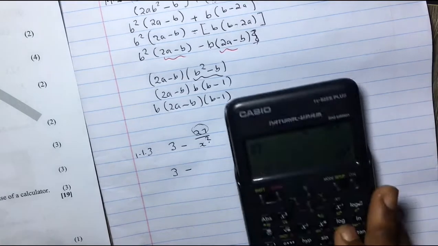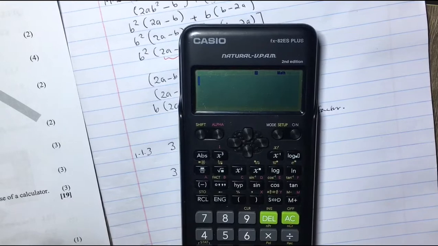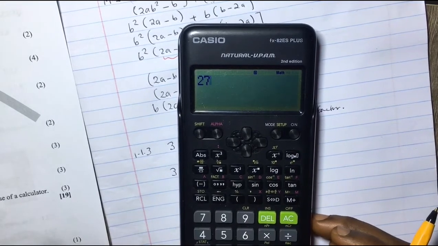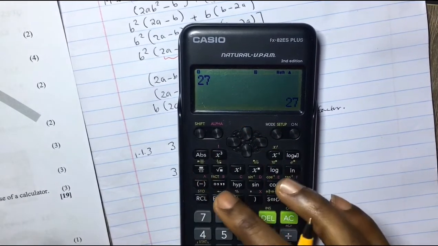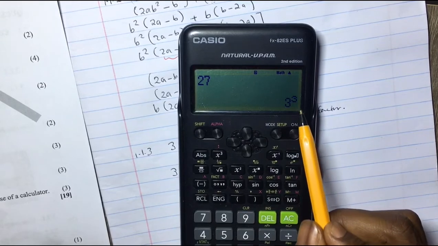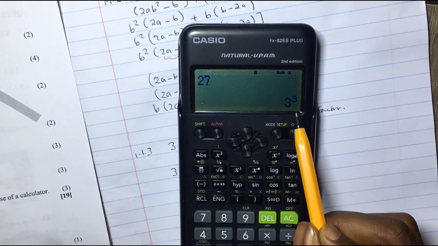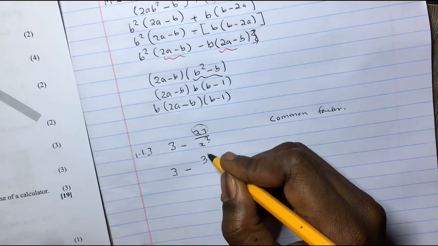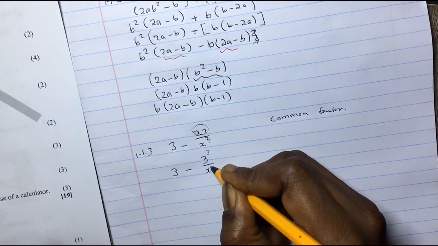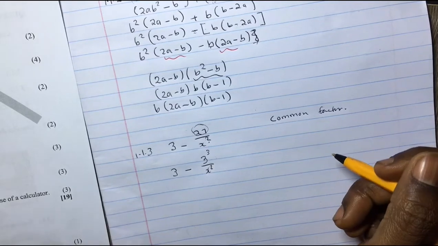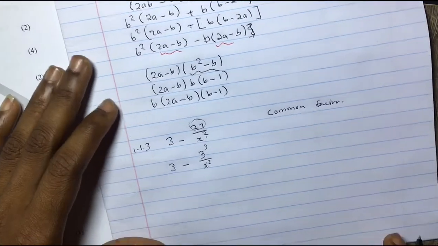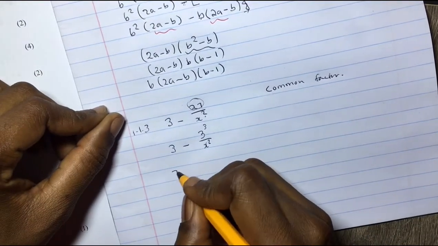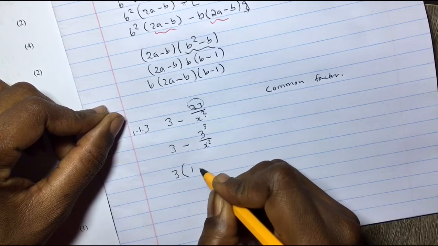27 equals to, okay, let me show you here. How do you look for factors? We press 27 equals sign, shift, fact. So it's giving us the factors of 27, which is what? 3 cubed over x squared. So I'm gonna take out 3 outside, so I'm left with 1 minus.